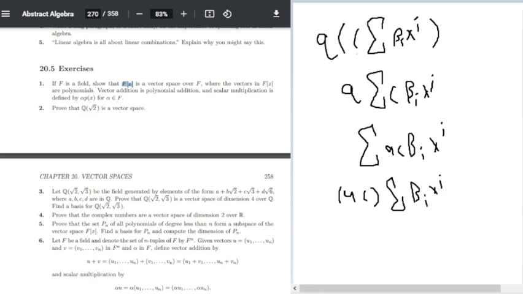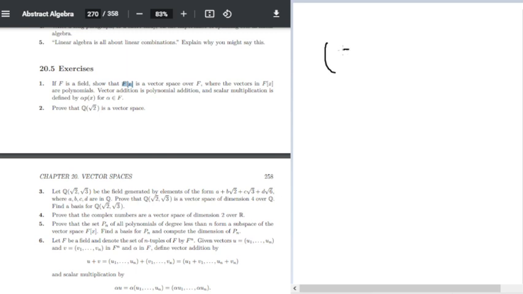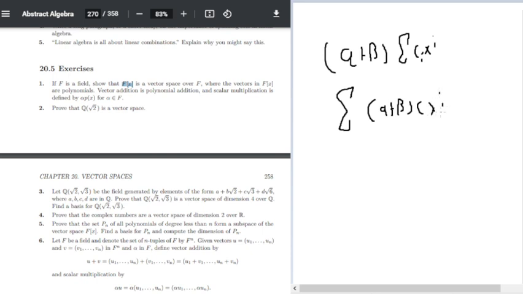So we have the associativity of multiplication. Now alpha plus beta times v. So we have alpha plus beta of the sum of c_i x^i, which is the sum of (alpha plus beta) c_i x^i, by the fact that we have a ring structure, the field structure.